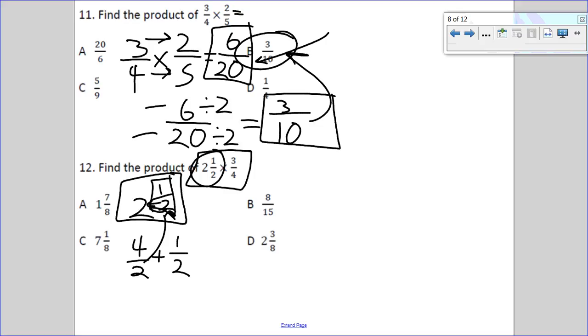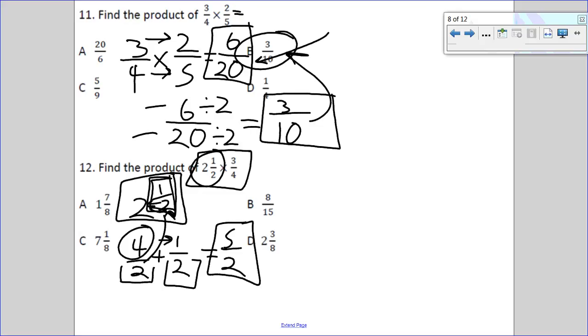Take the bottom of your fraction part and multiply it times your whole number. That will give you some number. Then you just take your fraction part and put it on the bottom, right here. Then add it to your fraction part. 4 plus 1 is 5. You might be tempted to add 2 plus 2, but that's not what you do. You just add 4 plus 1 right here, and you leave the 2 the same. So it's 5 halves, which is the same as 2 and 1 half.